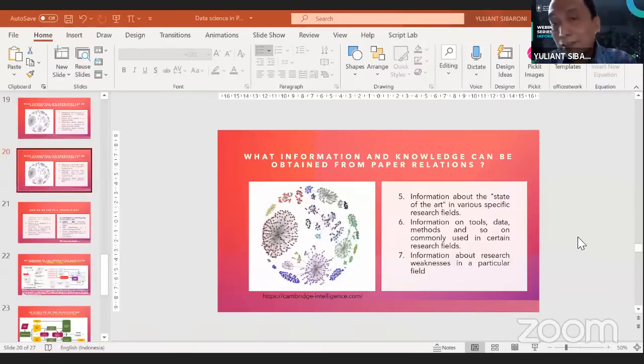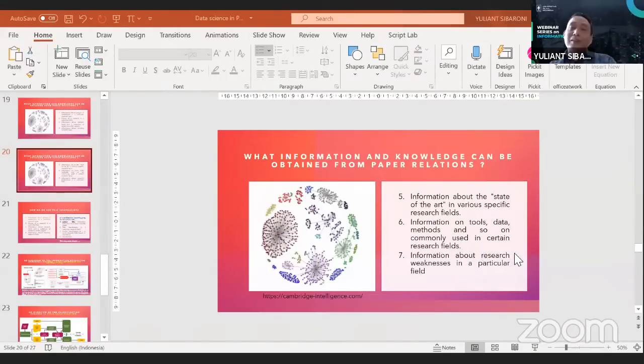After we get the classification of weakness and non-weakness sentences in paper relation, then we can use another technique, maybe summarization or clustering, or maybe information extraction.